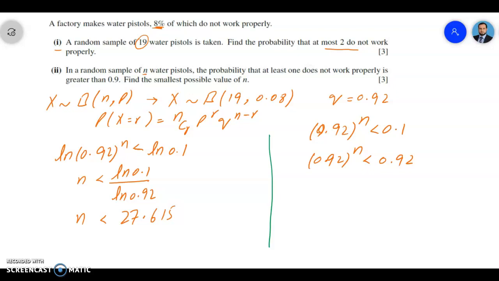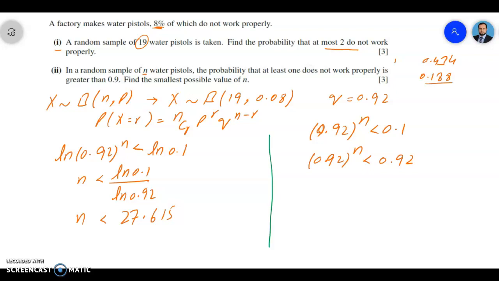If we take the power 10, we get 0.434, which is more than 0.1. Let's try 20: we get 0.188. I'm getting closer, so I have to raise the power.